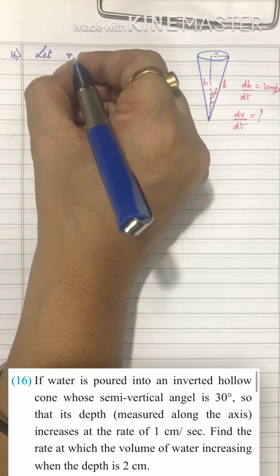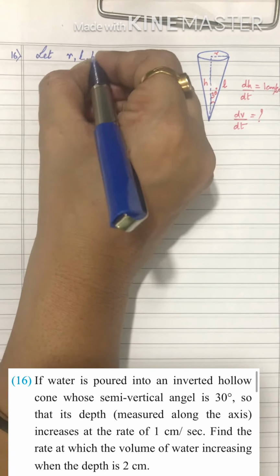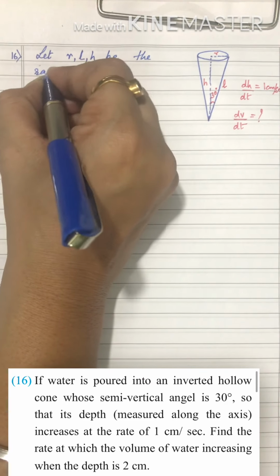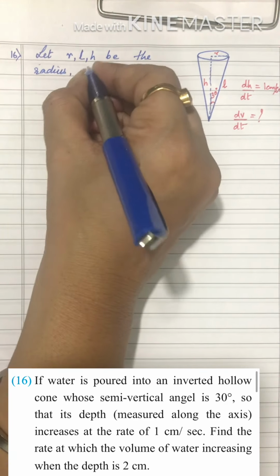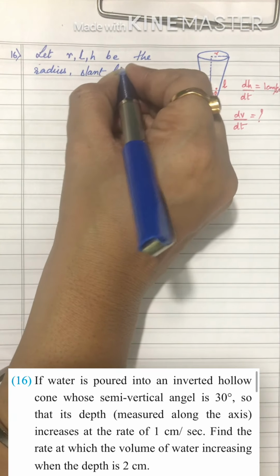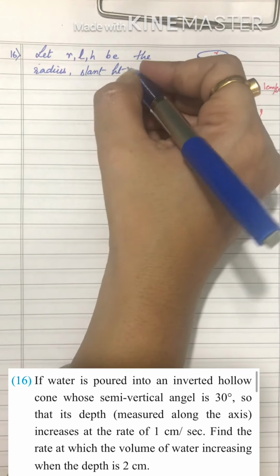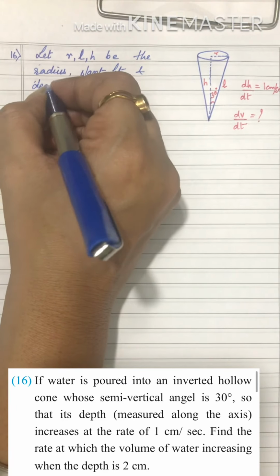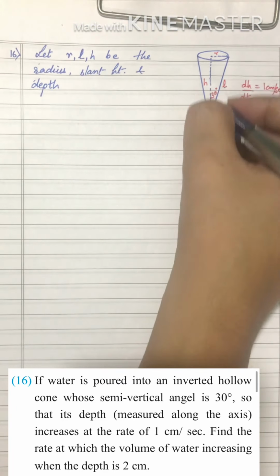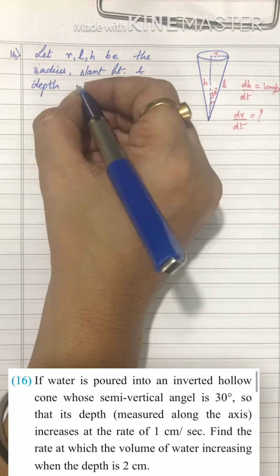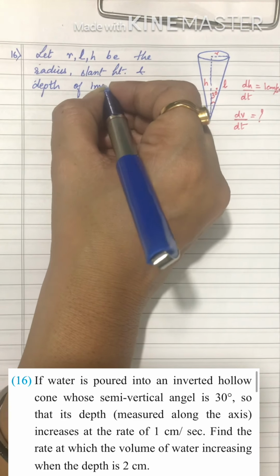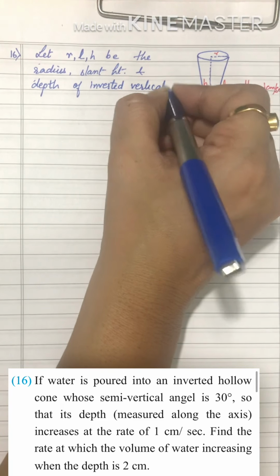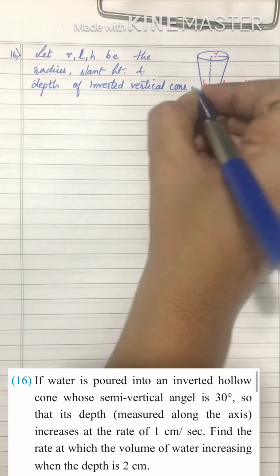So we'll say let R, L, H be the radius, slant height, this is small l, and depth. This height is also the depth of the inverted vertical cone.